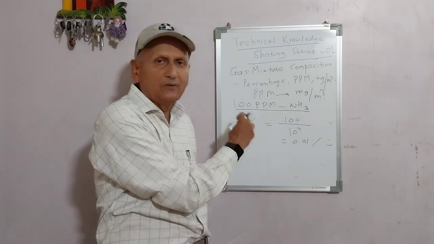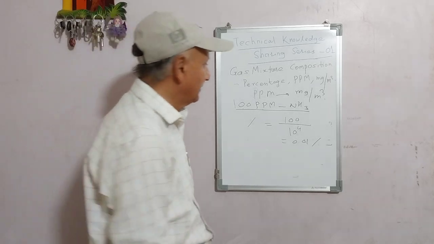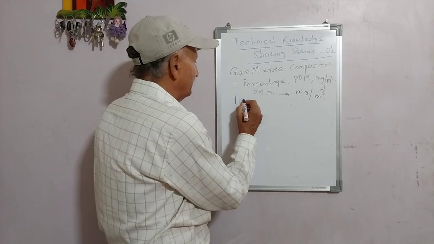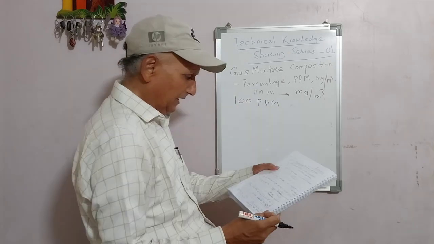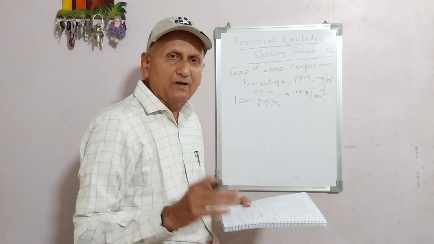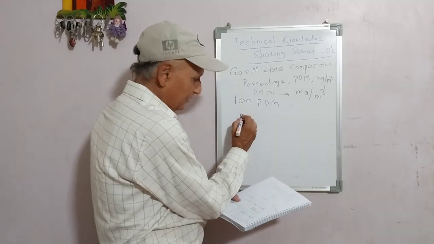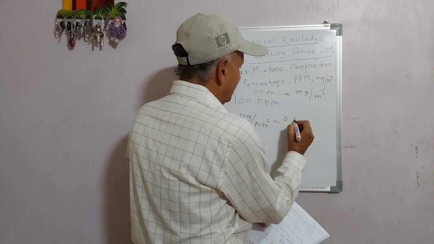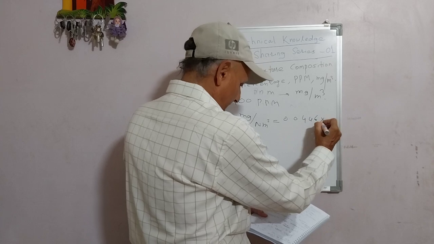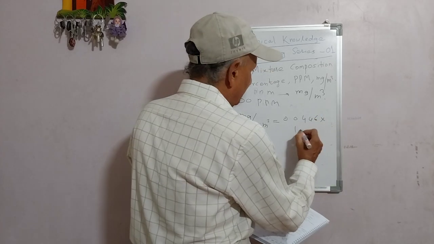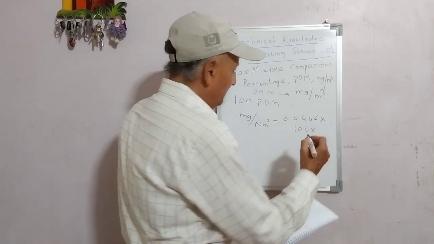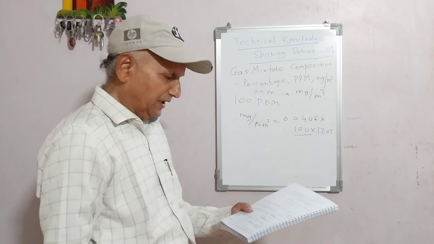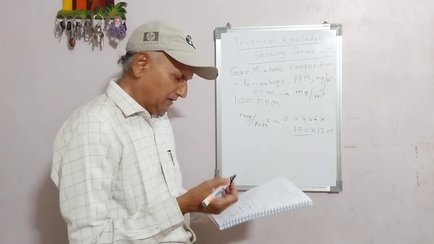So we are easily converting this into percentage. Now suppose ammonia is given as 100 ppm, then the concentration of ammonia in the gas mixture in milligram per normal meter cube will be 0.0446 into 100 into 17.03, because 100 is given as the concentration of ammonia in ppm.